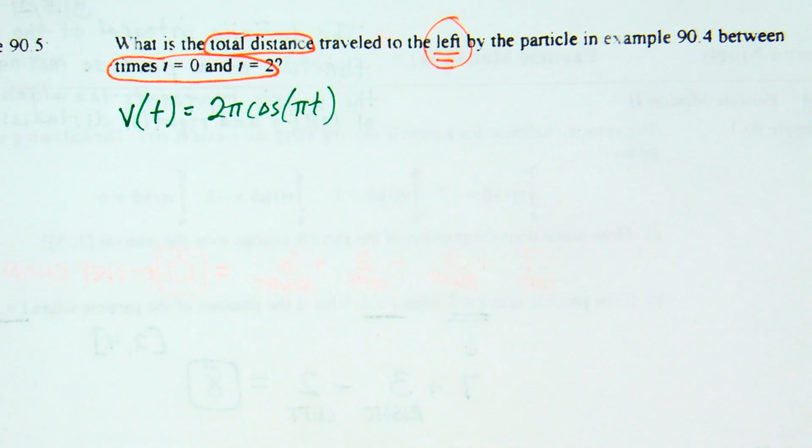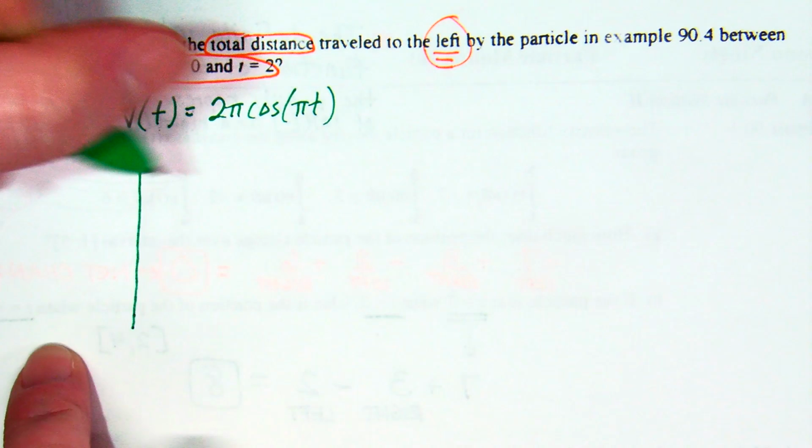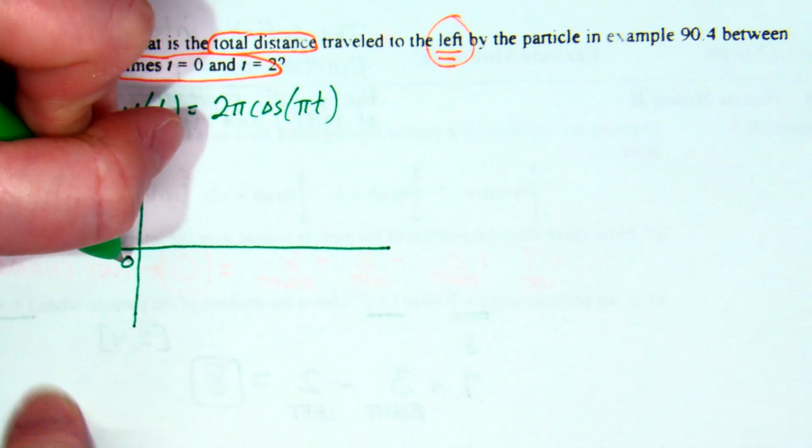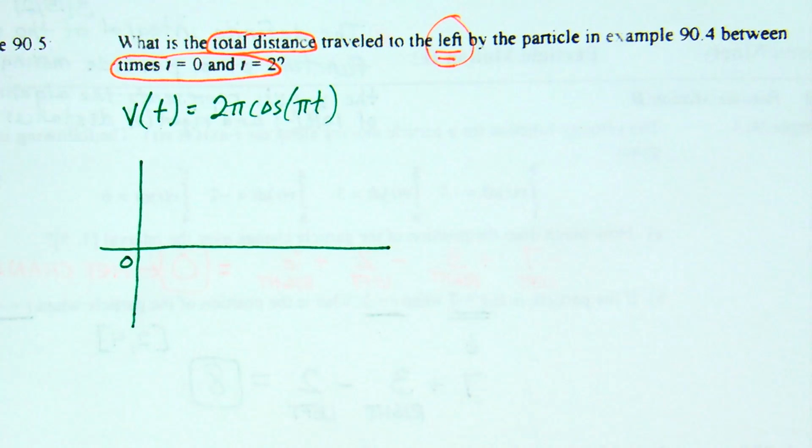Below the x-axis. So what if I look at a graph? And again, remember, we only need 0 to 2.